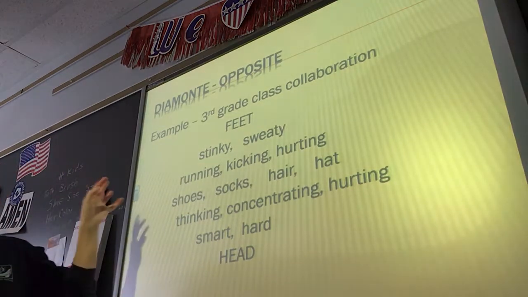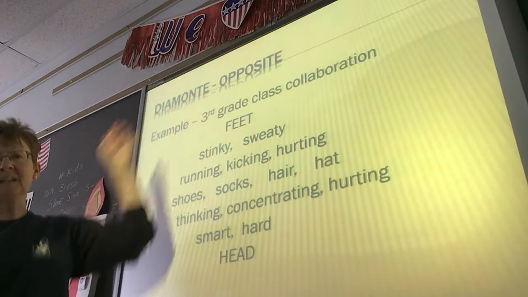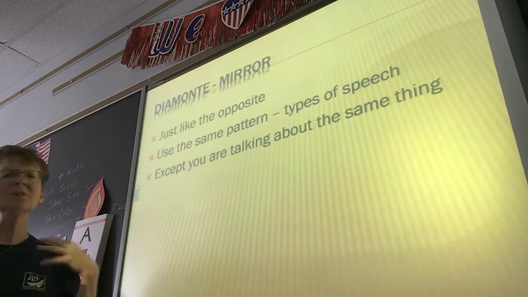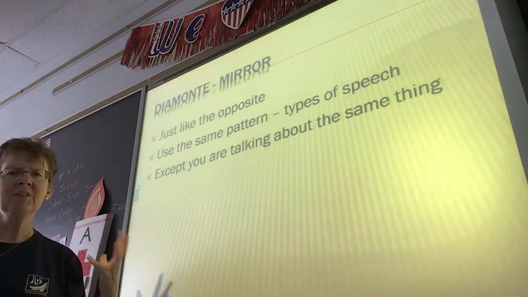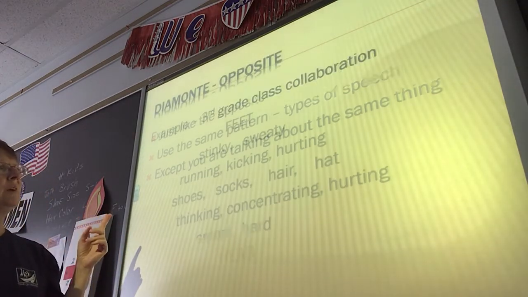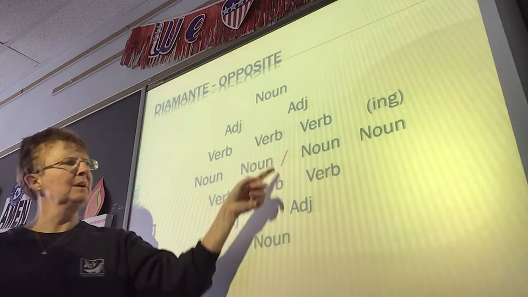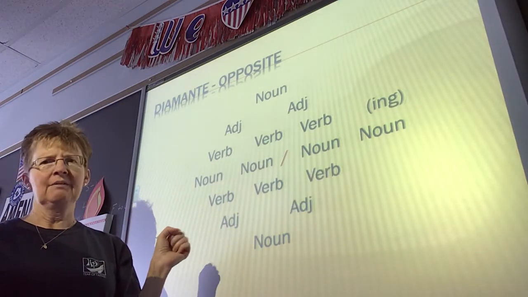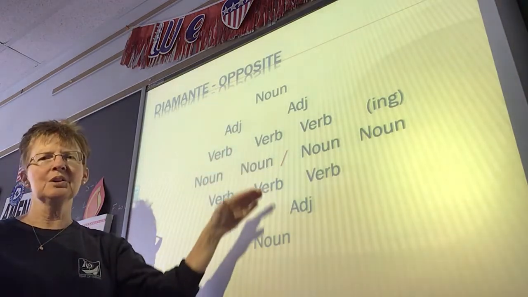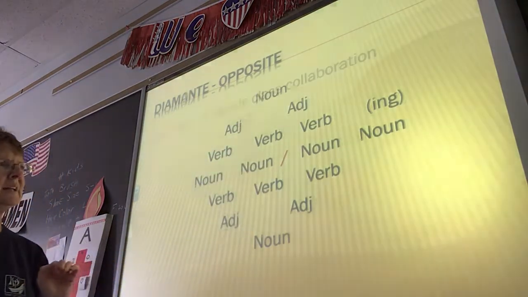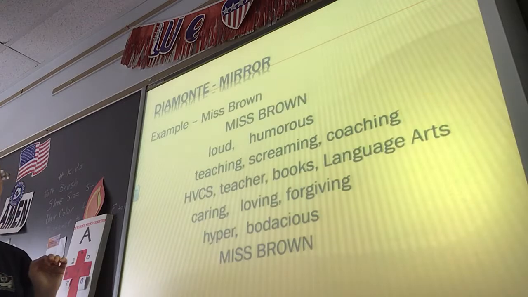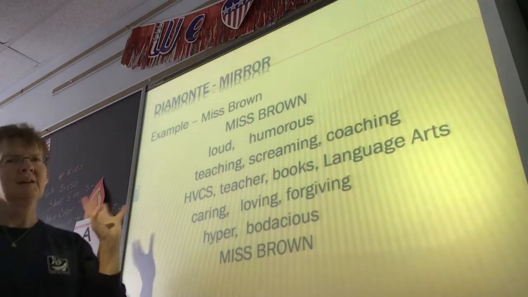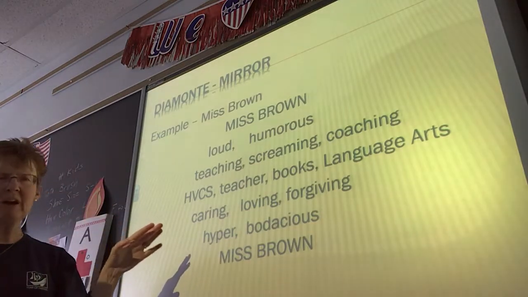Now, the only difference between the opposite diamante and the mirror diamante is that you're describing the same thing. So when we had our pattern where we had the line and we separated them out, we wouldn't do that for the mirror because we're describing the same thing. And I'm pretty sure I have, yep, here we go, Miss Brown. Somebody a few years ago did this poem. It's all about Miss Brown.